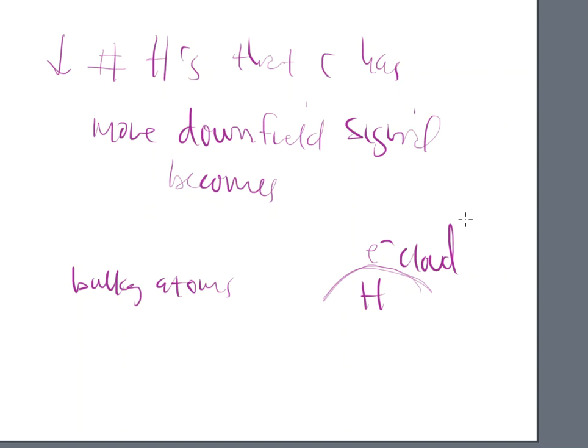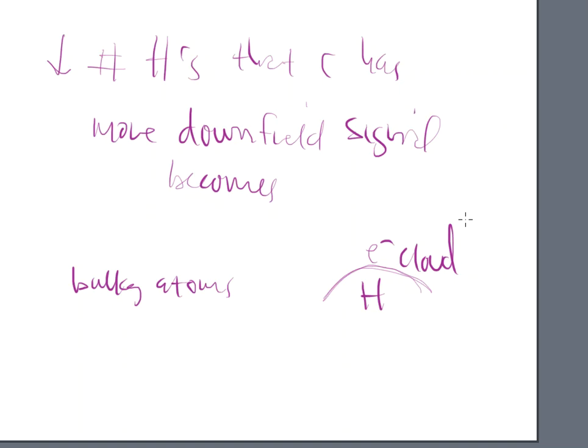If the electron cloud is there, then we feel pretty good about where the signal lies, because that electron cloud will help cover up the proton. If we don't have an electron cloud, that electron cloud will be sucked away and the proton is more exposed. So it's not about bulkiness. It's about the electron density around these protons.